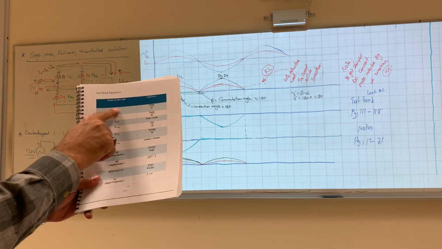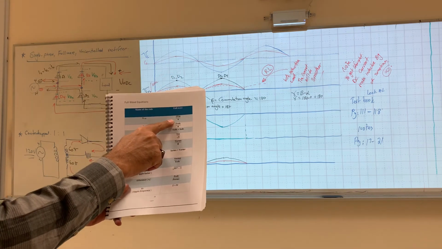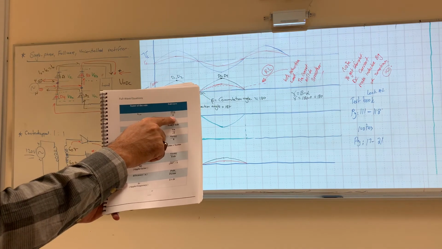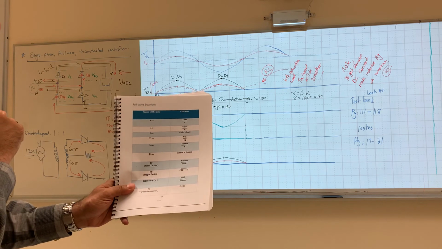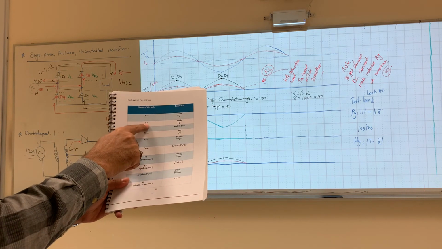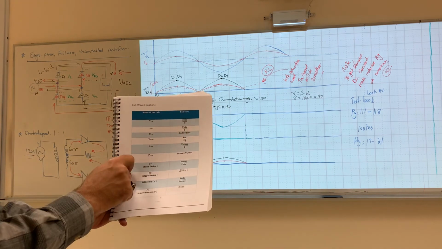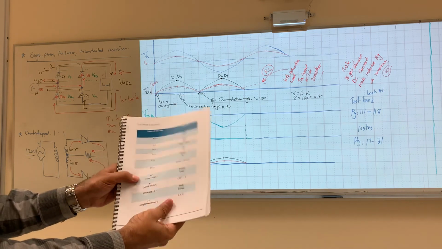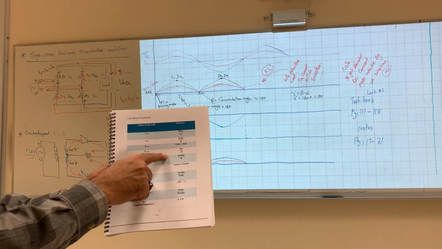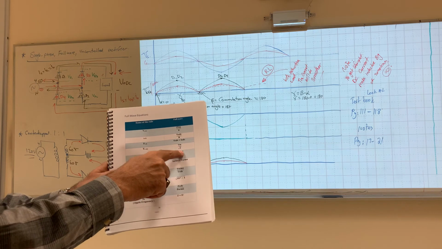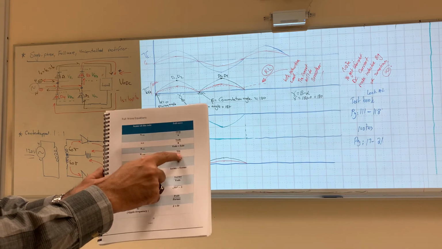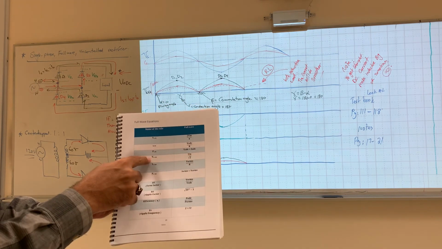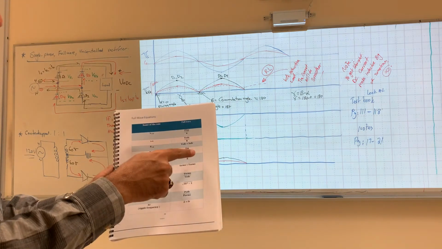V out DC equals 2 V max over pi. And I out DC, Ohm's law, V out over resistance. And the power is Ohm's law, voltage times current. And the V out RMS is V max over square root of 2.